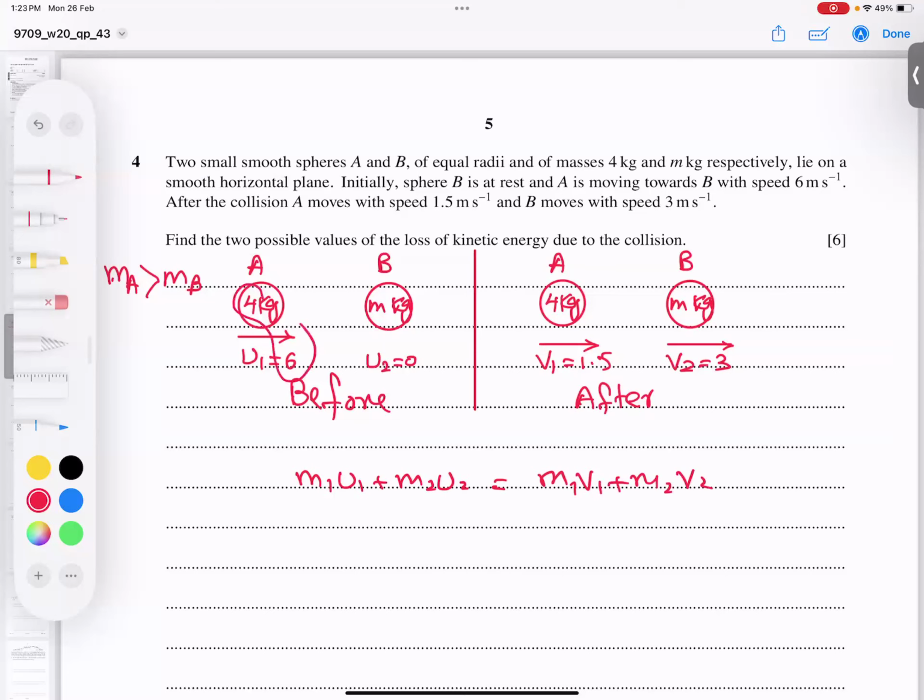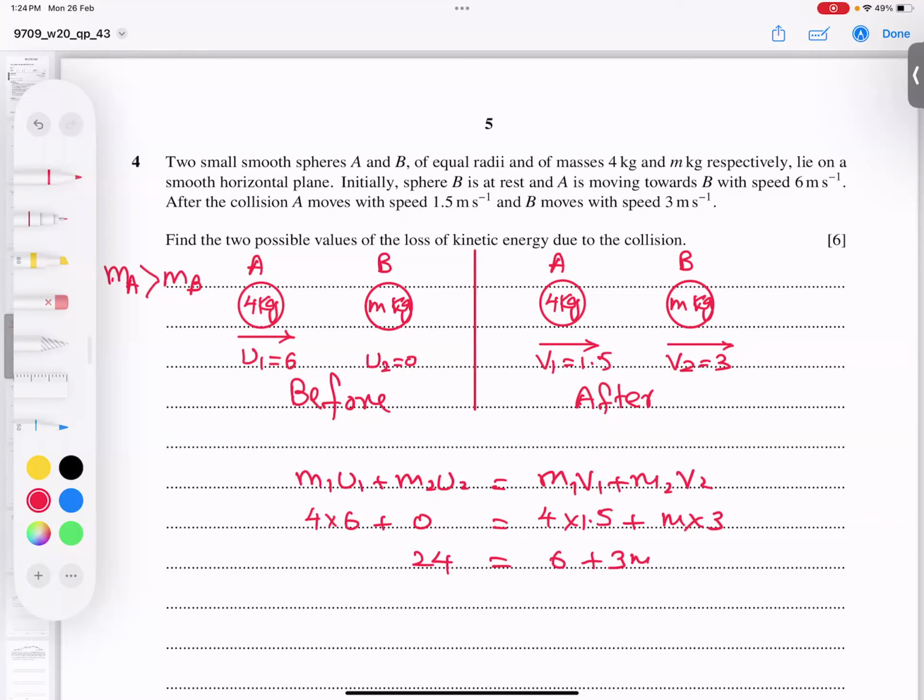So 4 into 6, for mass 4 and speed 6. Then 0, so no need to write. Then m1 is 4 into 1.5, and mass m into 3, m times 3. If you look carefully, this is 24, and it becomes 6 plus 3m.